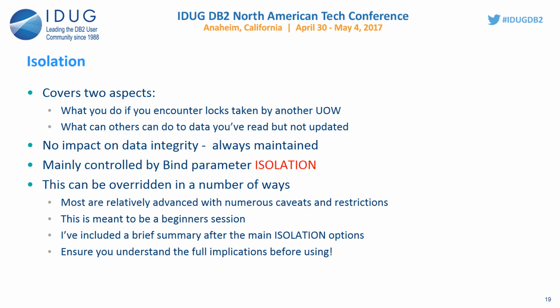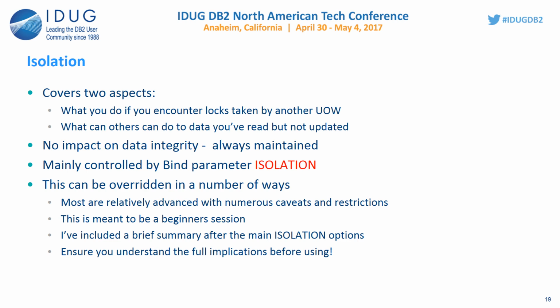So effectively, it gives DB2 a behavior for what happens if you come across a lock. Now, the good news, as I said earlier, there's no application integrity exposure because DB2 always maintains application integrity whatever happens. This isolation is handled by a bind parameter called isolation.